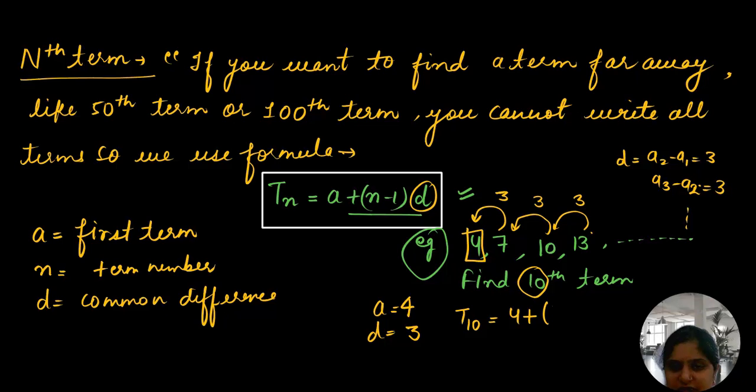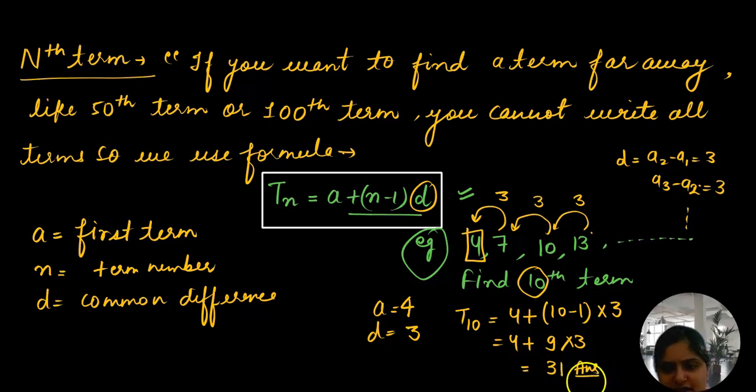Because we have to find the 10th term, it would be n minus 1, and the difference is 3. After solving this, 4 plus 9 times 3, your 10th term would be 31. 31 is your answer. I hope you understand. If you still have any doubt, you can tell me.